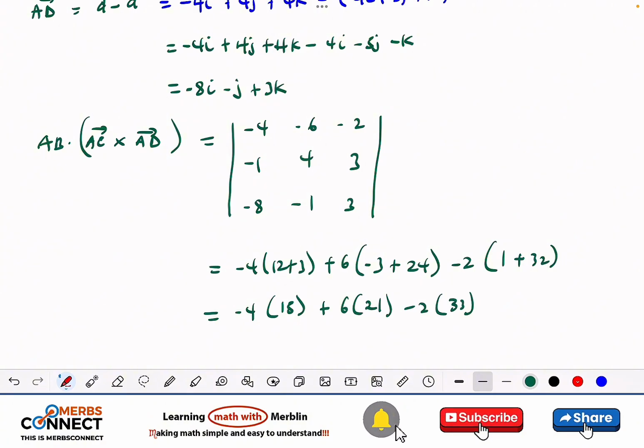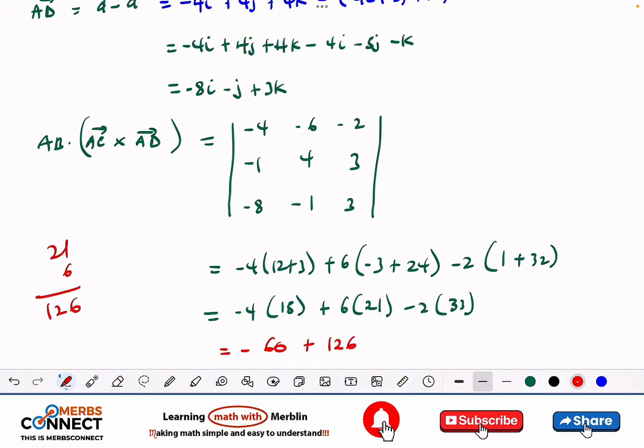Yes. So 4 times 15 should be minus, is it 60? Yes, I'm right. And then 21 times 6, this one will be 126, right? Yeah. So it's going to be plus 126.